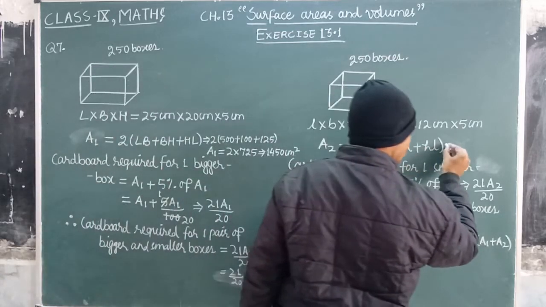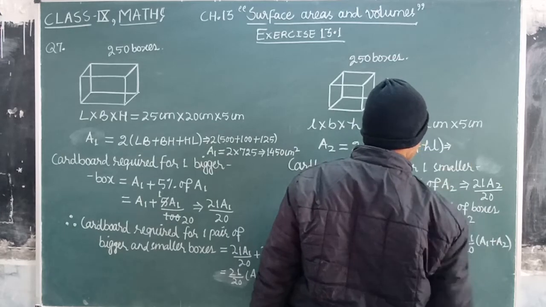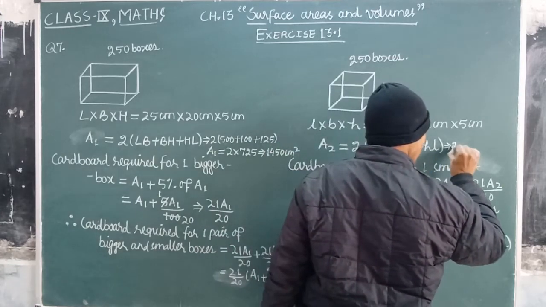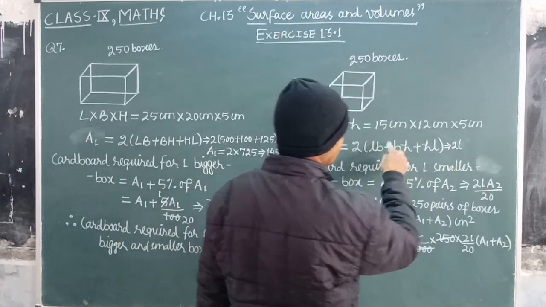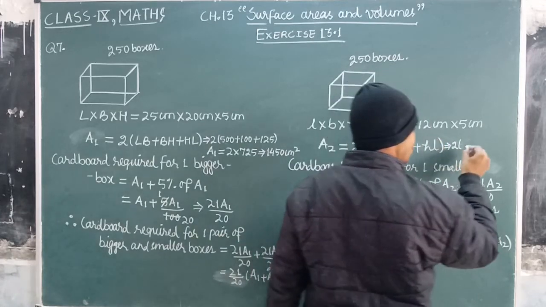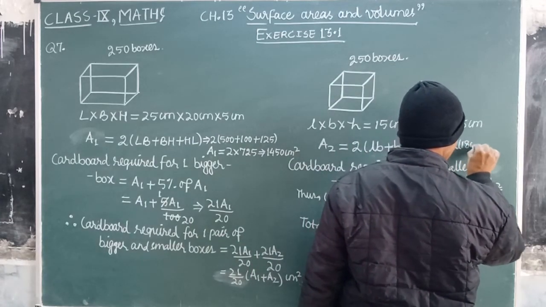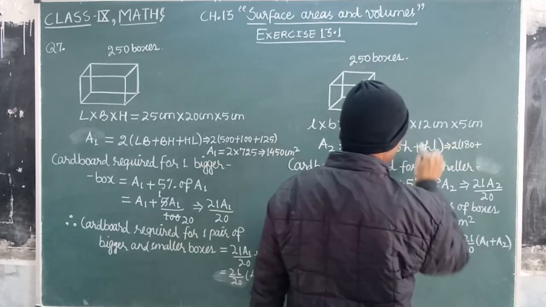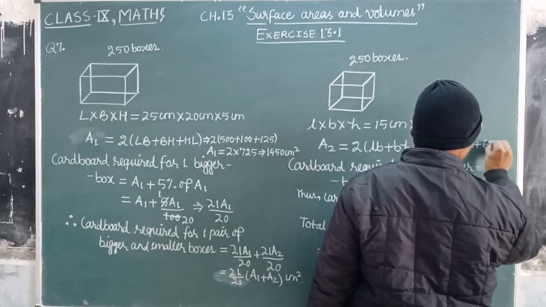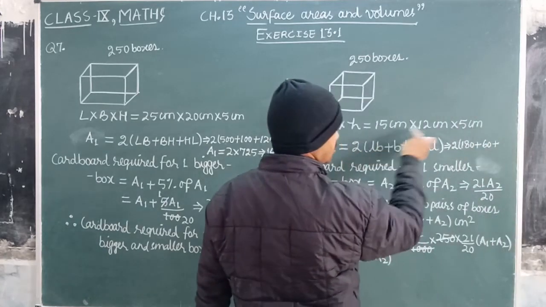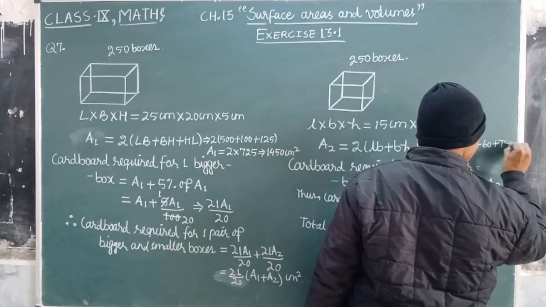Let's calculate the total surface area of the smaller box. So this is 2 times LB. It is 15 into 12. 15 twos are 30, it is 180. Plus BH is 12 fives are 60. Plus HL is 15 fives are 75.